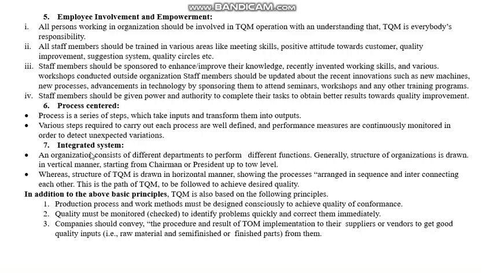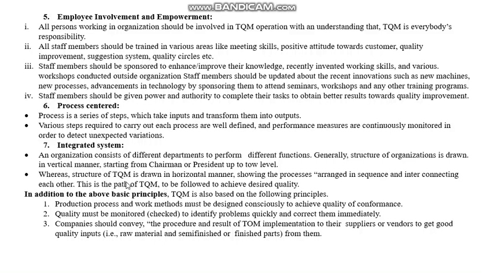Then the seventh principle is integrated system. An organization consists of various departments, and they will be doing various different types of functions. Okay, but see, normally the structure of the organization is vertical, starting from chairman, president to the lower level.